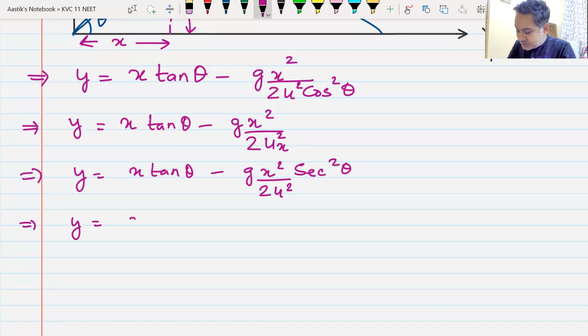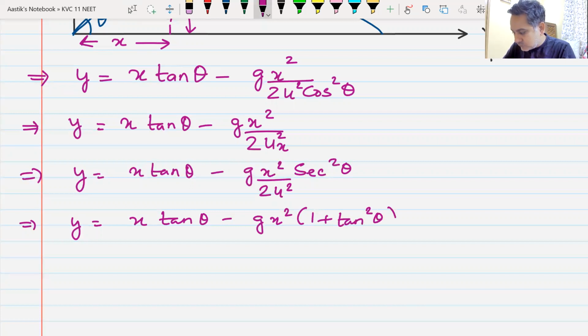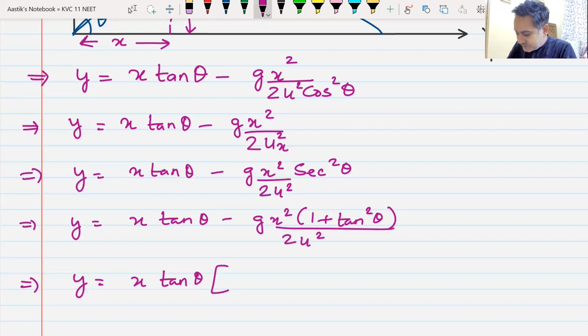Now I can use the trigonometric identity: 1 plus tan square theta upon 2 times u square. There is one more final way in which I can write it. I can take x tan theta constant and I can write it as 1 minus x by R. These are the very different ways in which you can write the same thing.